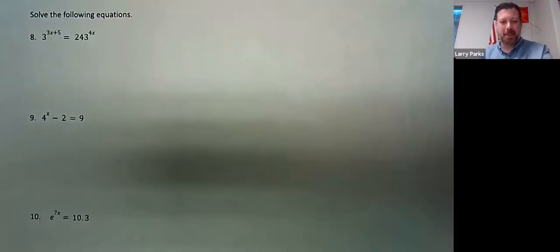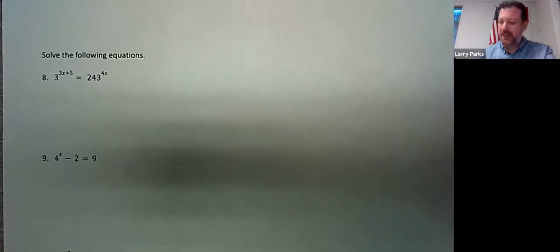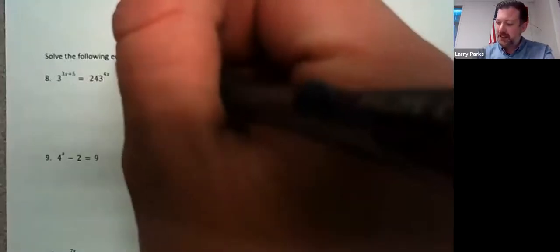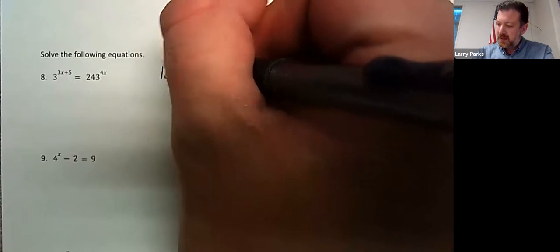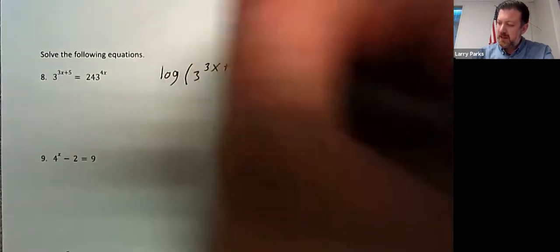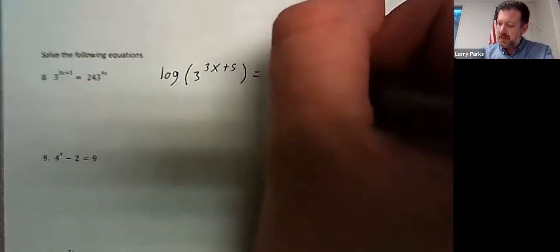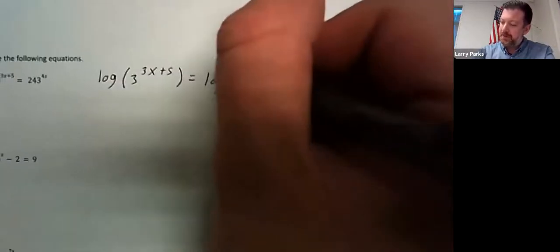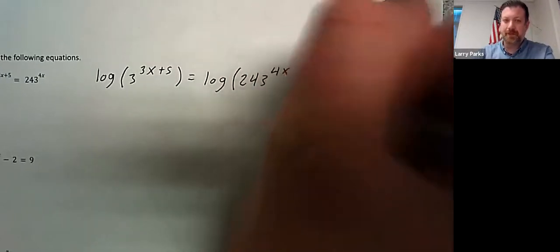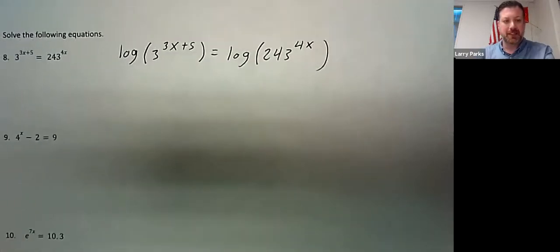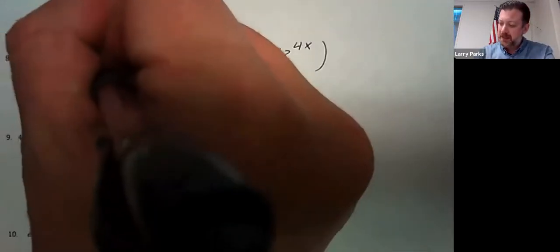All right. I think it's much easier sometimes. So you take the log of both sides. So now the exponent could come down.